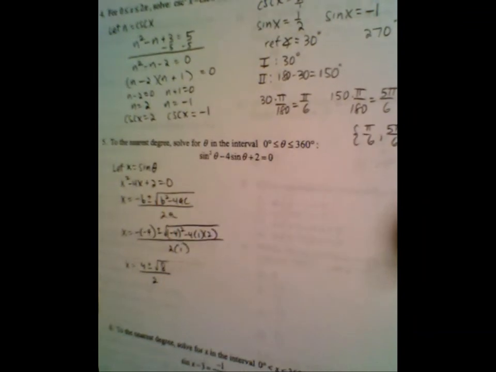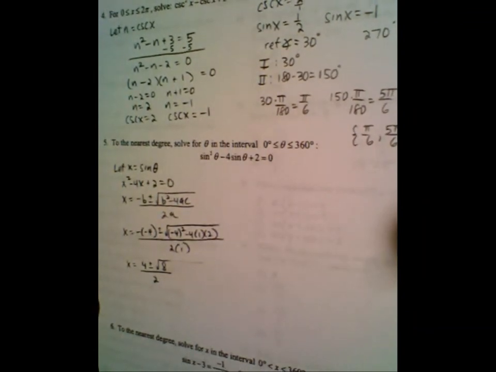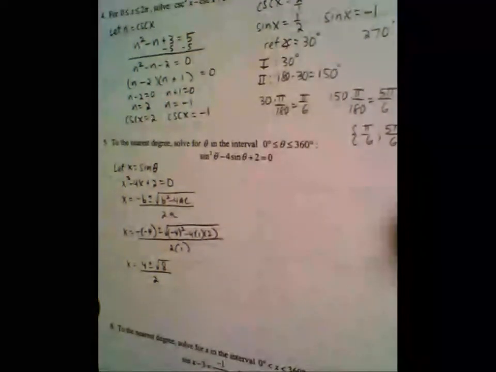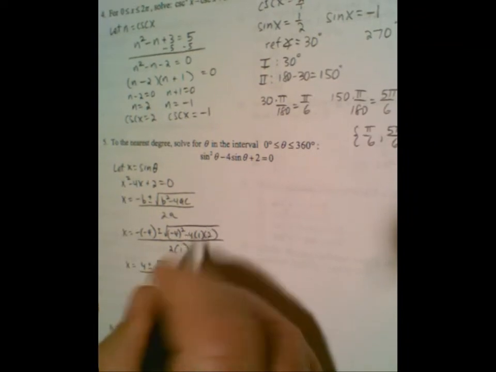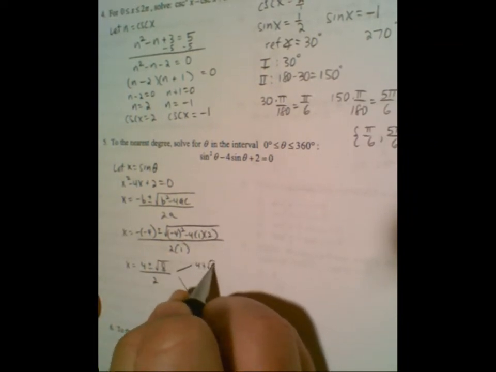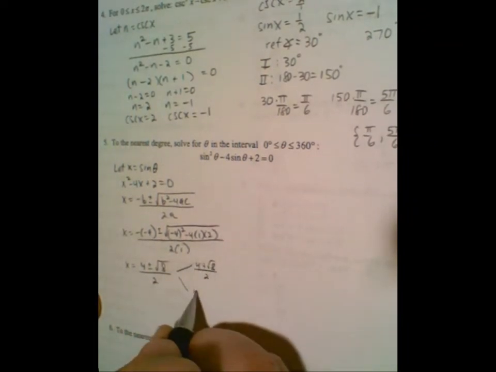Now, you of course would have to have calculators, even if it was just your scientific calculators, to get the decimals. But this becomes, when I separate it into two branches, 4 plus the square root of 8 over 2, and 4 minus the square root of 8 over 2.